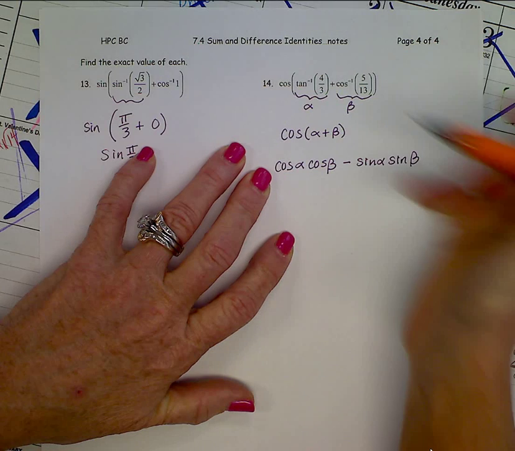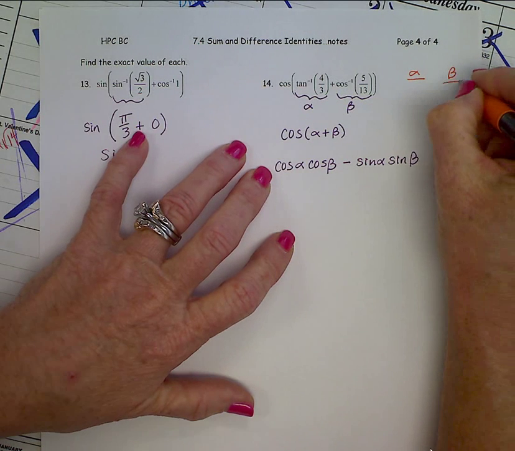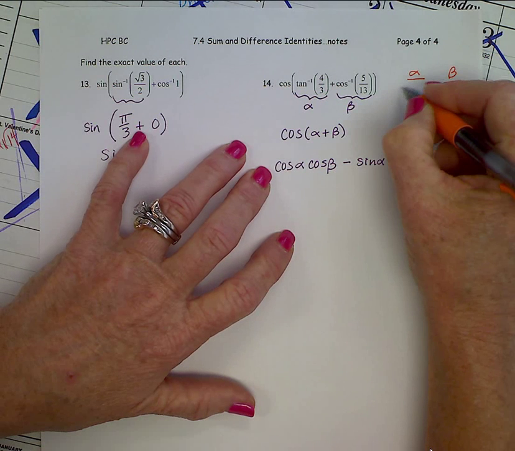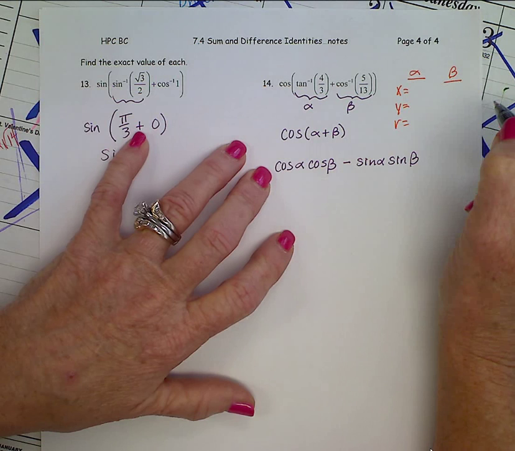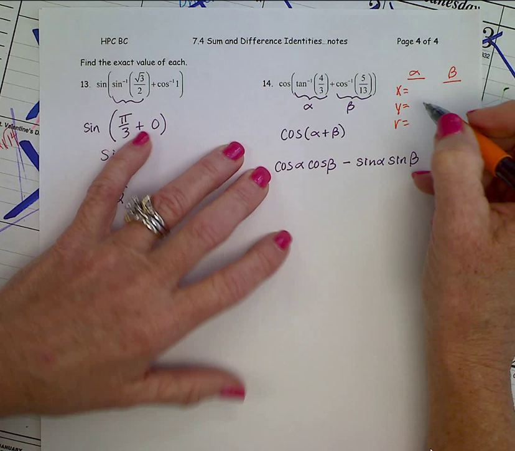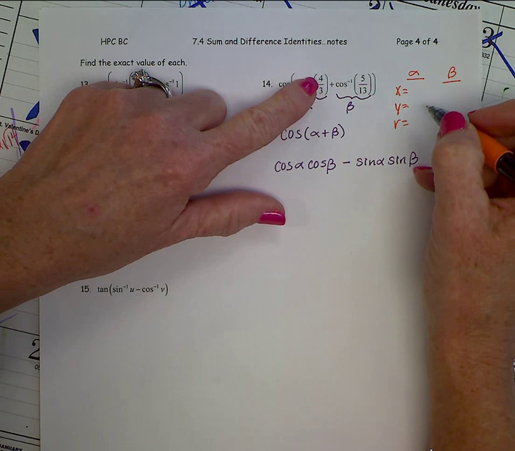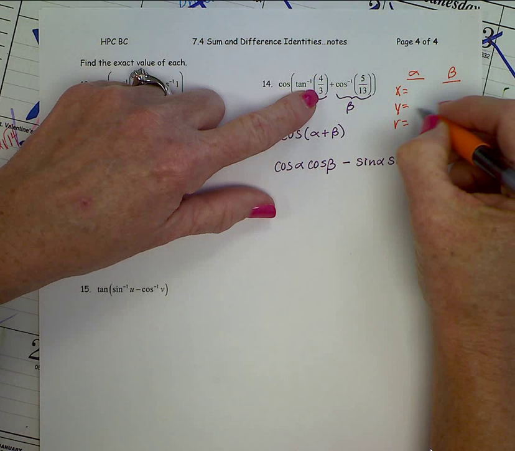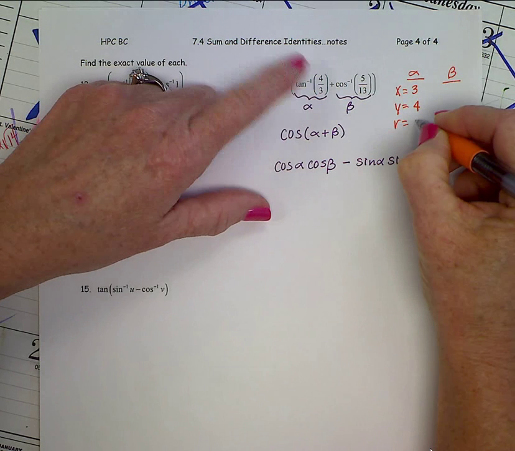And now if we go ahead and set up alpha and beta, again, I like x, y, r. You may use the right triangles if you like. Inverse tangent is y over x. So y is 4, x is 3. That's a 3, 4, 5 right triangle.